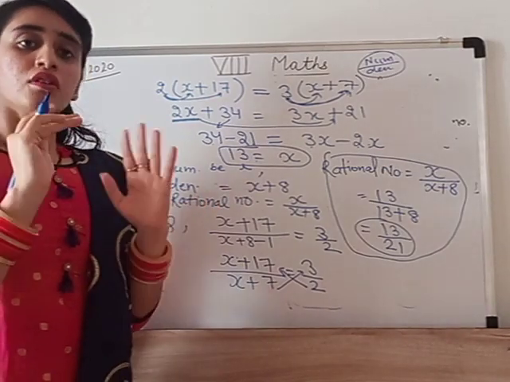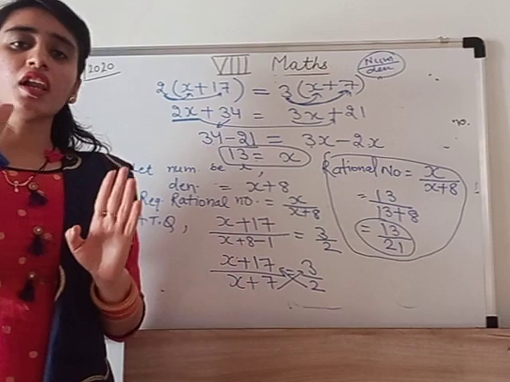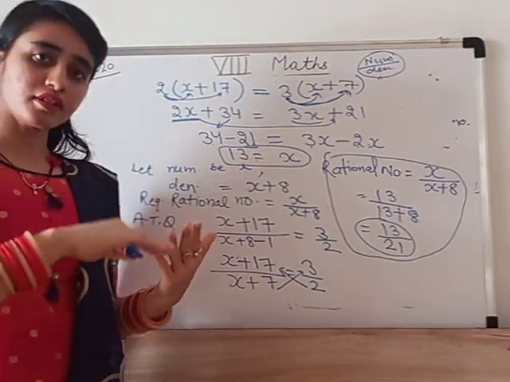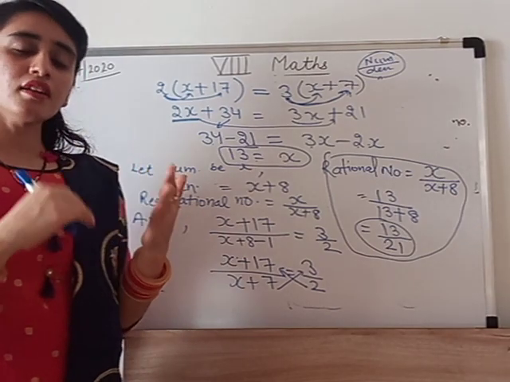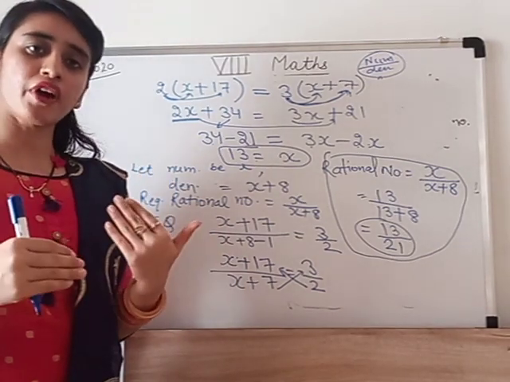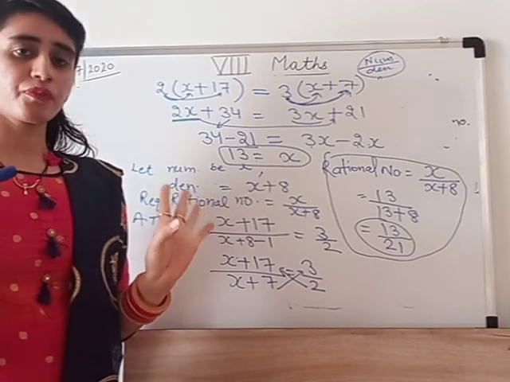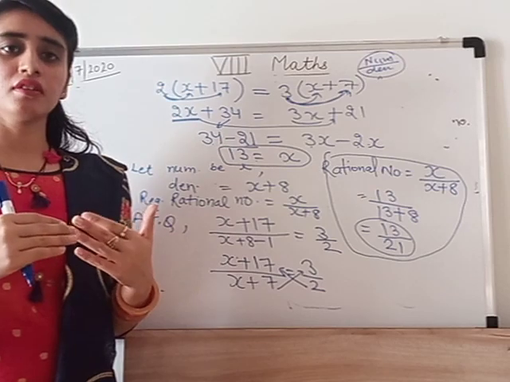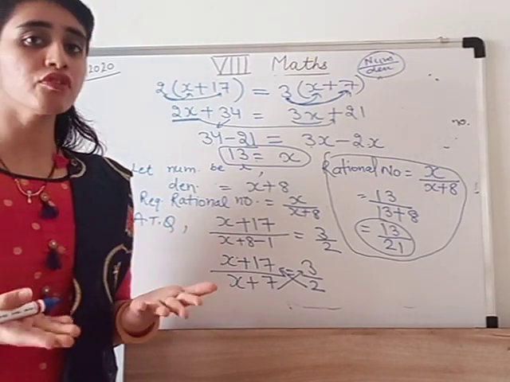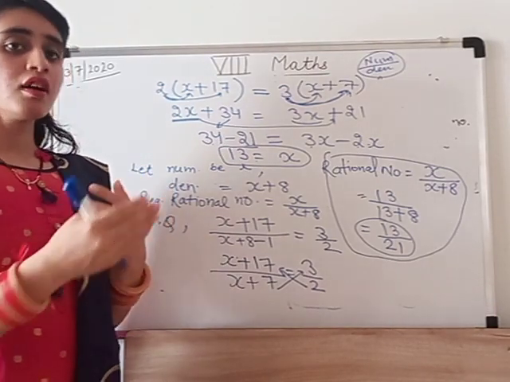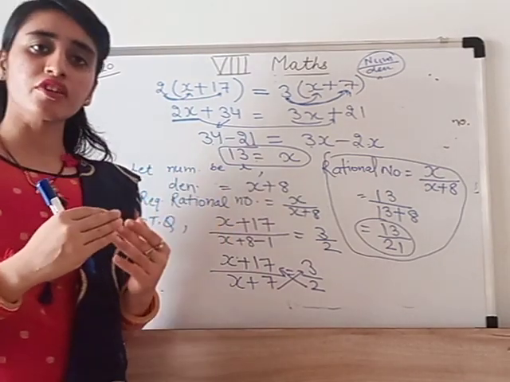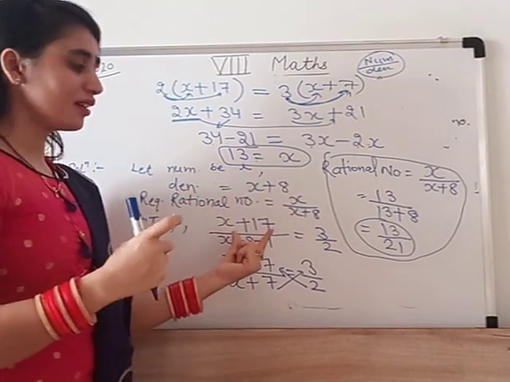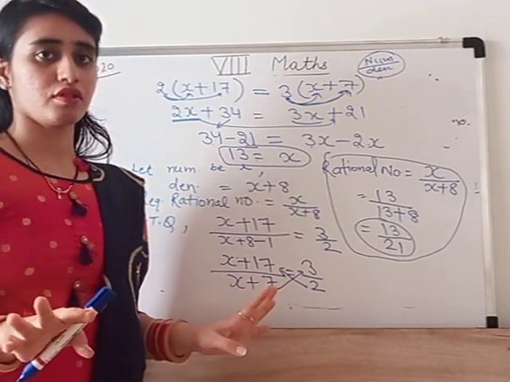Read only one line, then write what is given in the question, then read the second line, then the third, and then what we have to find. First read the full question. By this we know what we have to find in this question. Then when you start making the linear equation, read line by line and write it in your own words also.